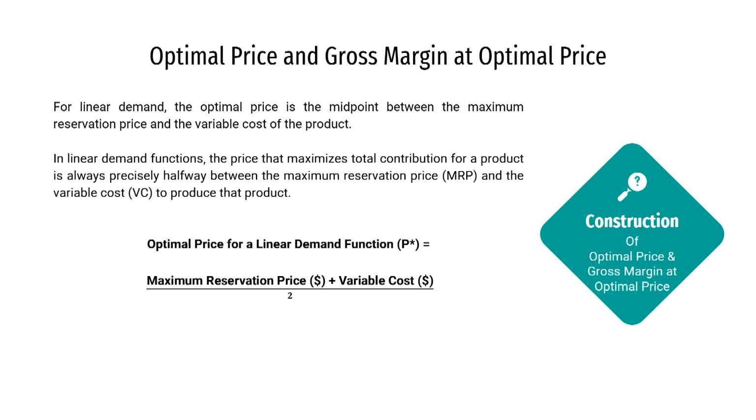Formula wise, it is the maximum reservation price in dollars plus the variable cost in dollars, divided by 2. That becomes your specific optimal price point, and if you set the price at that point, you are going to derive the maximum profit for that product. So, this is how we construct the concept of optimal price for a linear demand function.